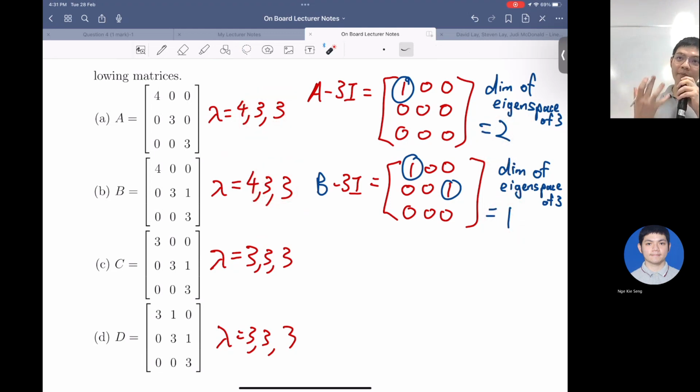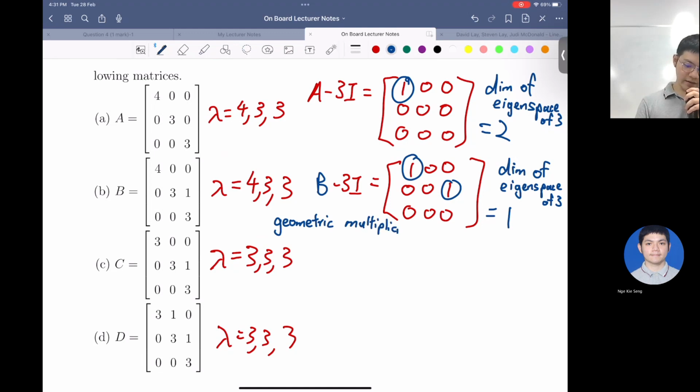So it could happen that the geometric multiplicity is less than the algebraic multiplicity. But geometric multiplicity will never be more than algebraic multiplicity. It's always less than or equal to.